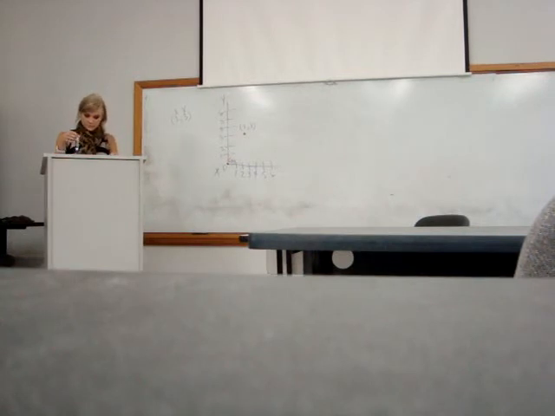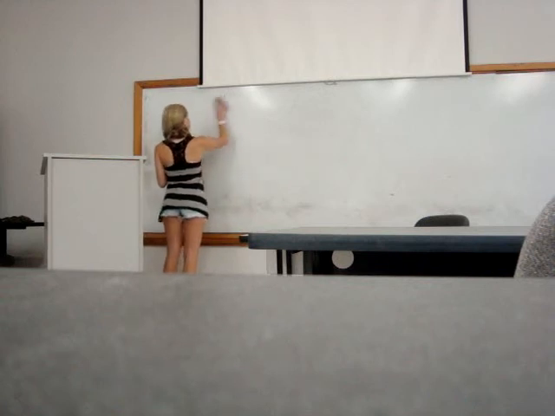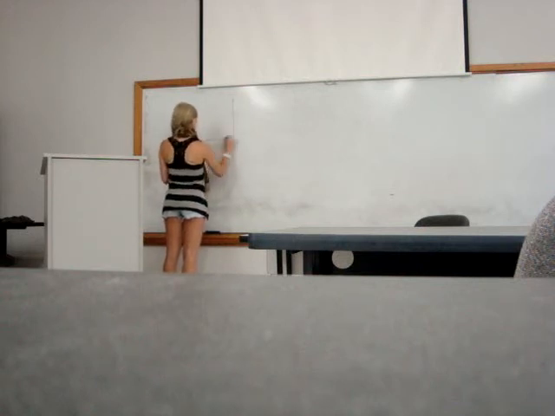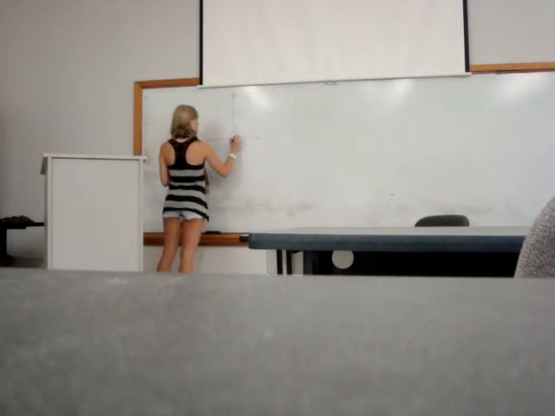When looking at graphs, it's important to know where the positive and negative numbers are on a graph. So, if we have a larger graph that's a full, complete graph, it will look like this. Again, here's our x-axis and here's our y-axis.